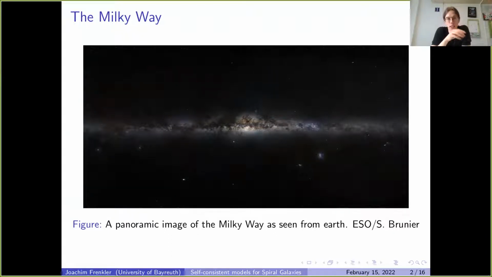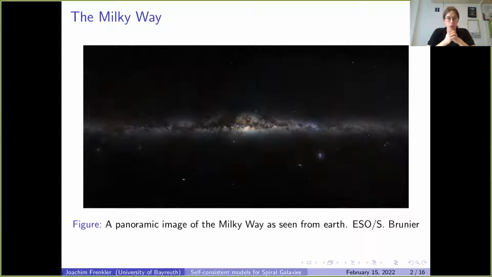In the center of this picture, you see the central bulge of our galaxy. This is a dense huddle of many stars. And to the left and to the right of the central bulge stretches the disk of our galaxy, which appears here in this image as a horizontal line due to our position inside of the disk.